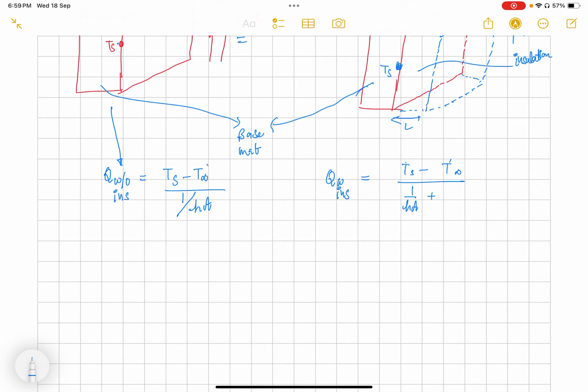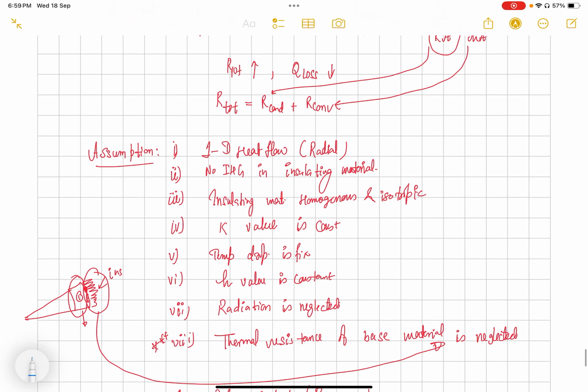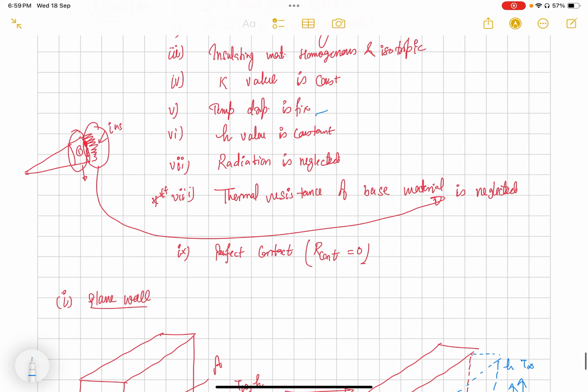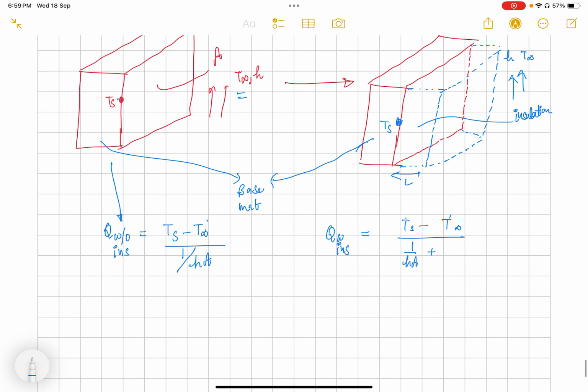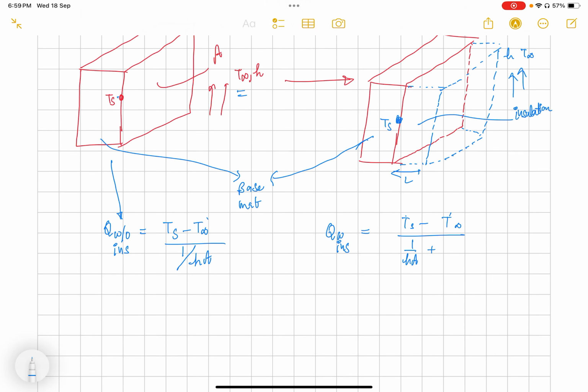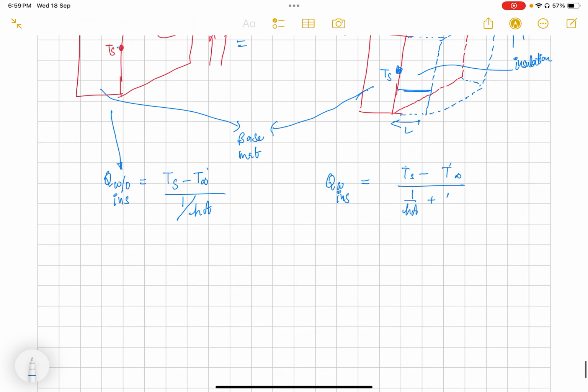This was the assumption we made. So 1 by hA, first the convection resistance, and then this conductive resistance, L by k insulation times A.